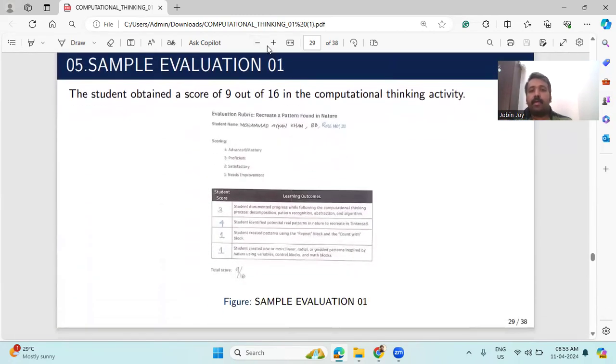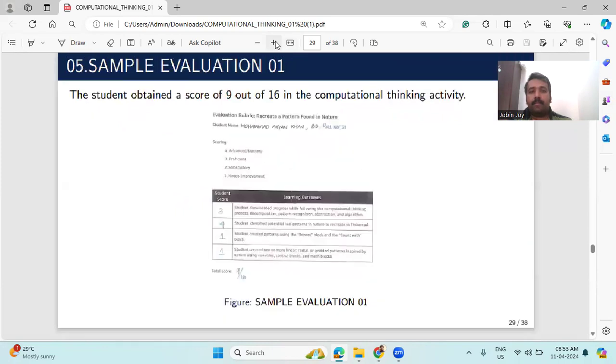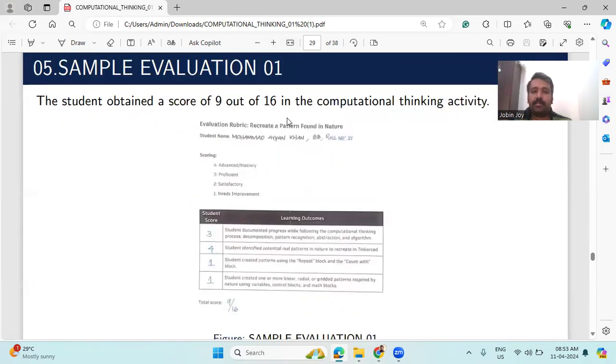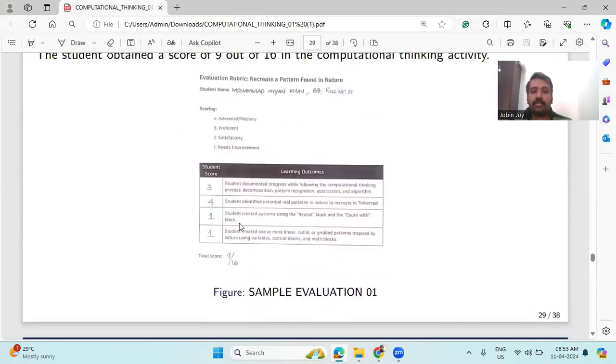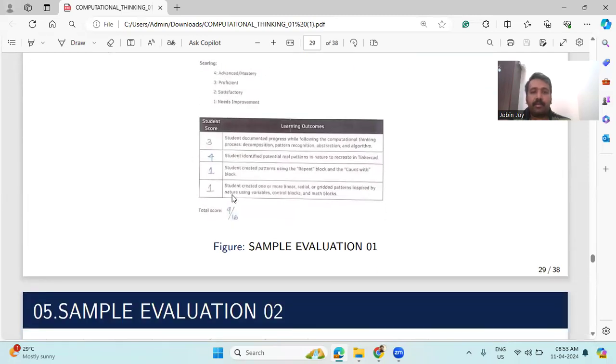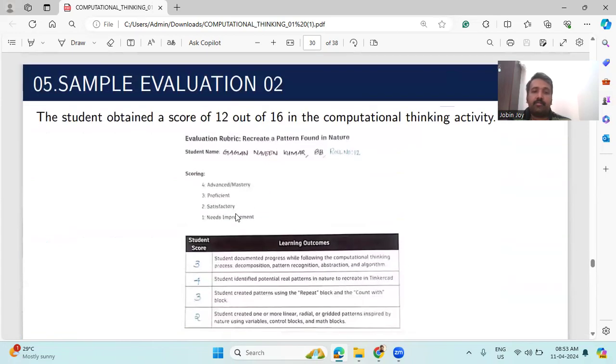Okay, then this is a sample evaluation sheet I have completed, and here you can see the student name, his class, his roll number is written here, and these are the scoring points, and these are the student scores based on the performance, and this is the score out of 16, 9 out of 16.